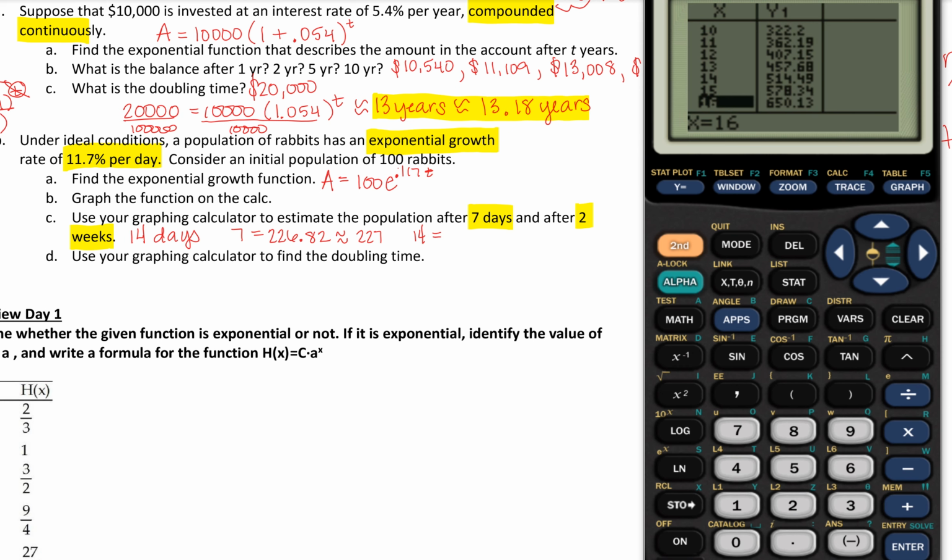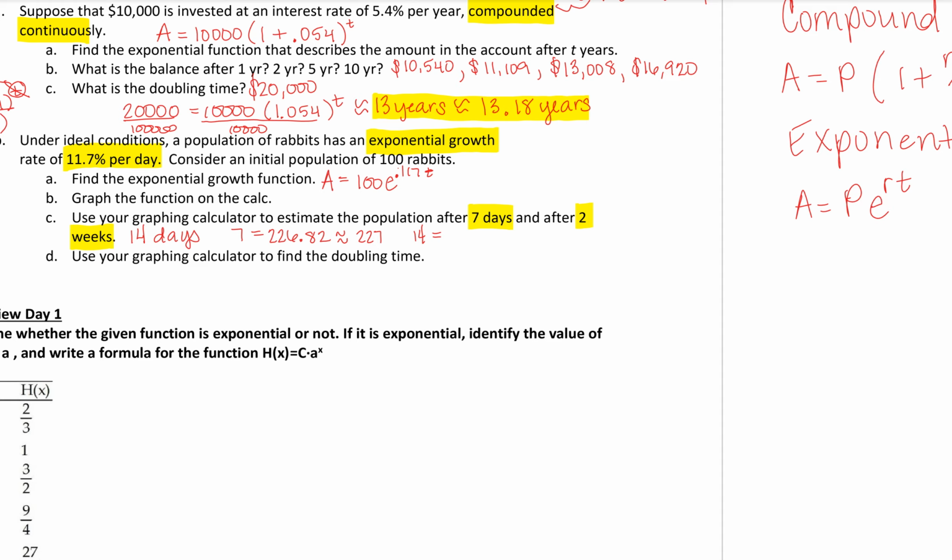And I get 578.34. Okay, it's working again. 578.34, or roughly rounded to 578 rabbits.